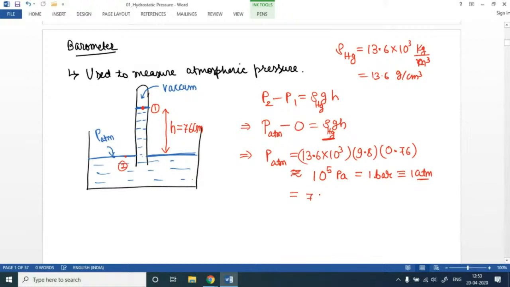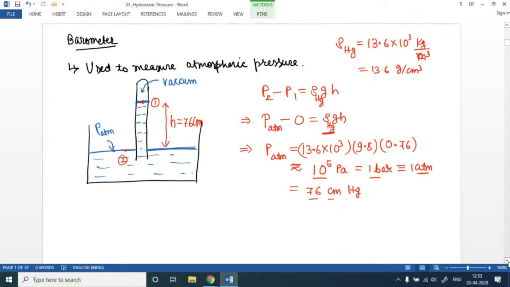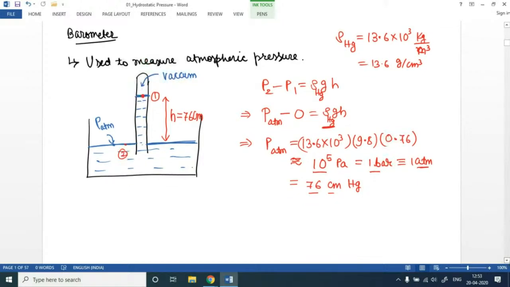So simply we can represent it as 76 centimeter of Hg. Whenever we say 76 centimeter of Hg, what we mean is approximately 10 to the power 5 Pascal, or 1 bar, or 1 ATM. That is measured in terms of the length of the mercury column which it is equivalent to. So that is how we have used this barometer.